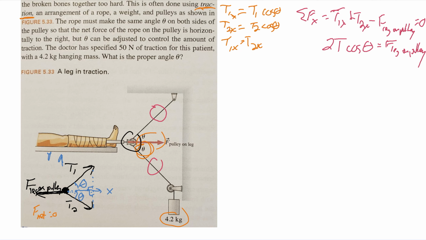Okay, what is it that I'm looking for? The angle. I'm looking for the angle, so I can continue to solve for theta here. So I'm going to divide by 2T, and then take the inverse cosine of both sides.